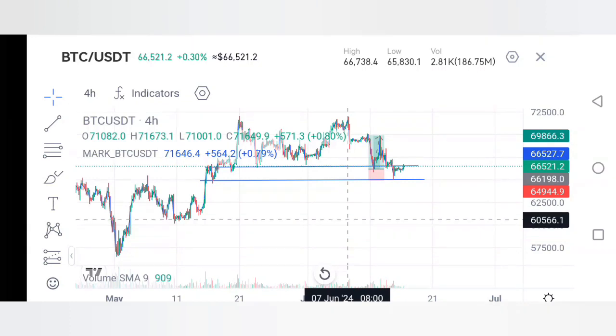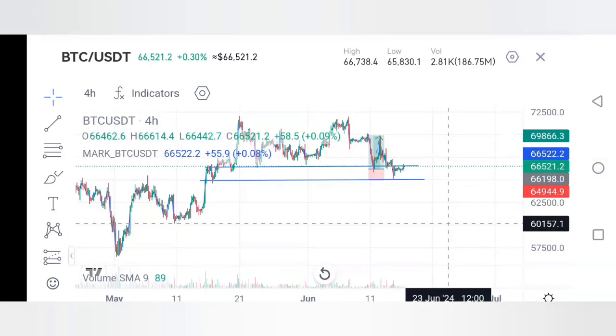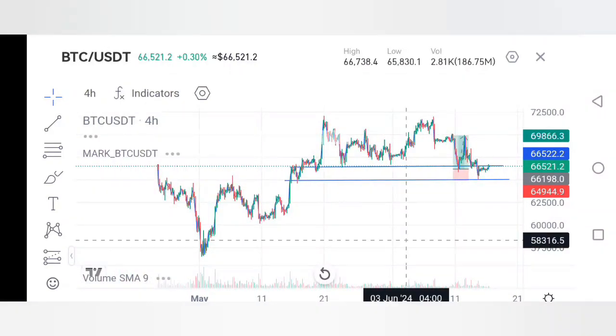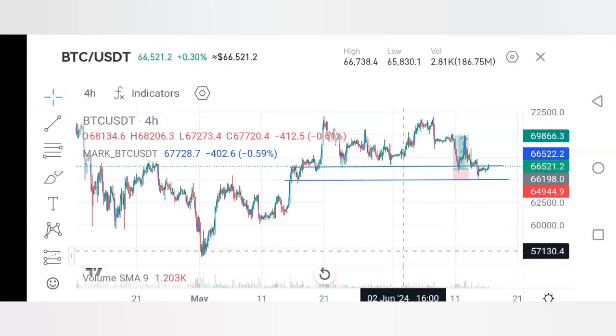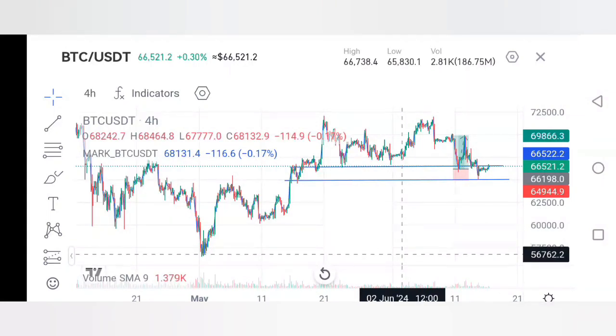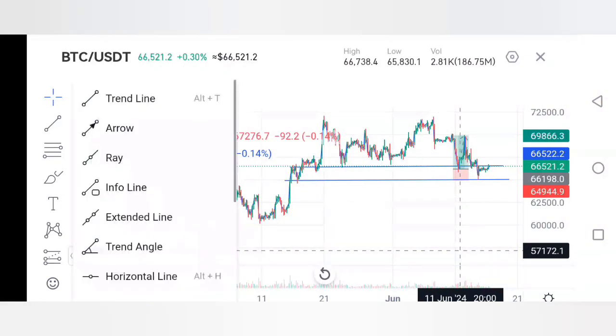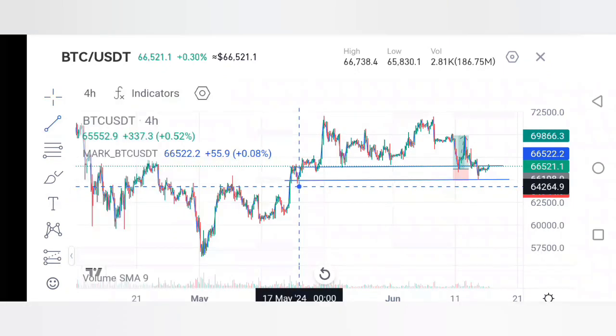Then the closer range will be around 56,000, 57,000 mark. So these are the three support areas we will be making expectations on. So I'm going to draw this.